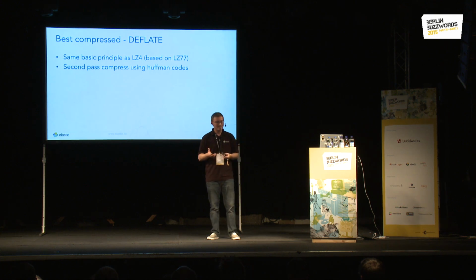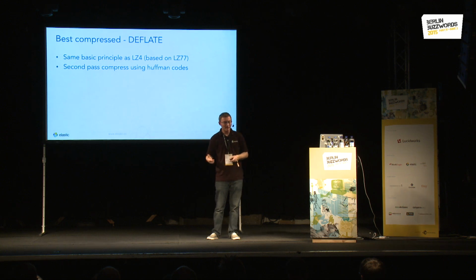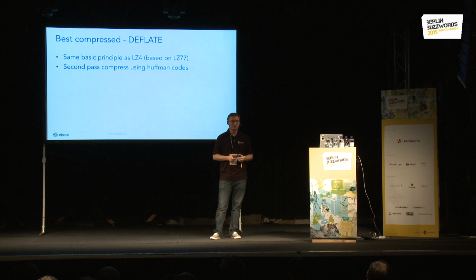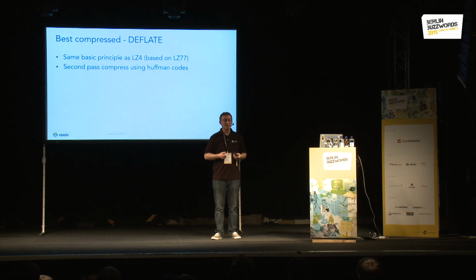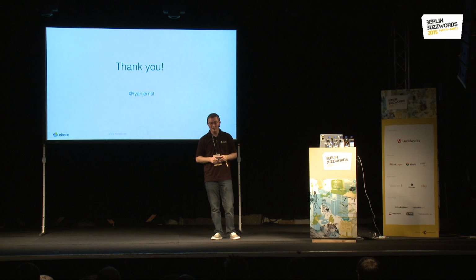The idea is to take LZ77 and then do a second pass over it. And in that second pass, we're going to find these common things that are still common, and we're going to compress them down even more using Huffman codes. So we're going to build a dictionary, keeping track of how many times we saw particular tokens, and then we're going to rewrite it with these smaller binary values.